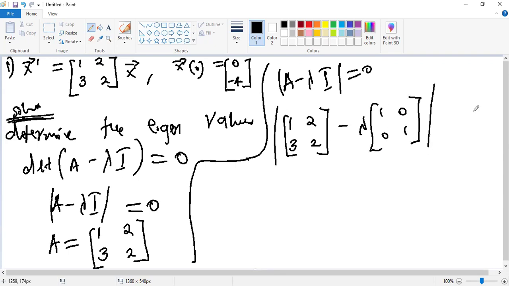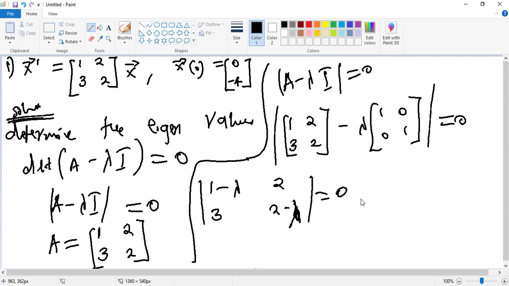The whole of this is equal to 0. Now let's evaluate. This is the same as 1 minus lambda for this position, 2 minus 0, 3 minus 0, and then 2 minus lambda. This is equal to 0.